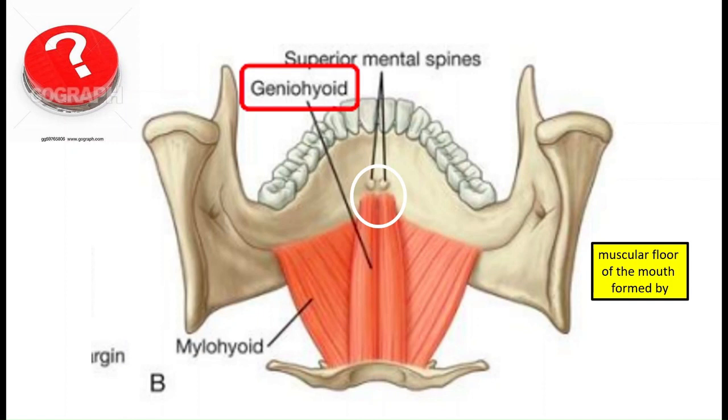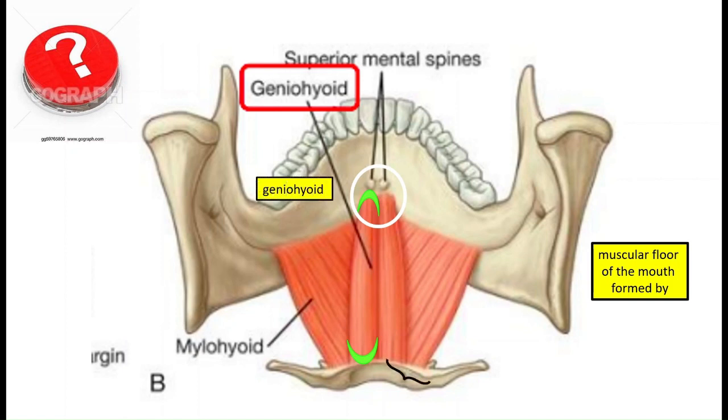The inferior 2 are giving origin to a muscle extending from the inferior genial tubercles to the hyoid bone, and this muscle is the geniohyoid muscle. It usually elevates the hyoid bone.